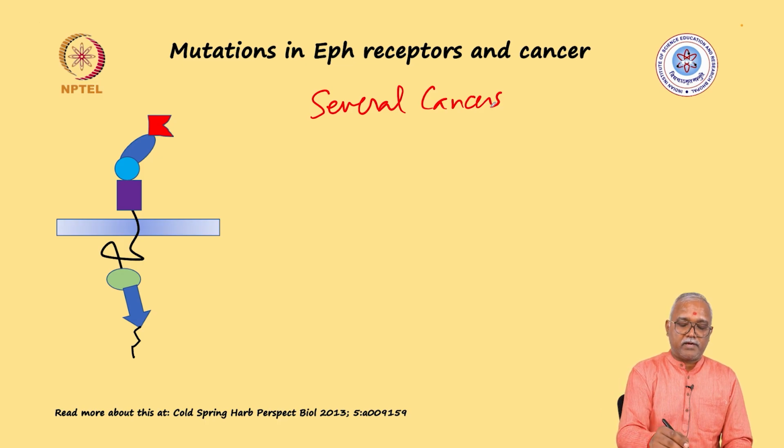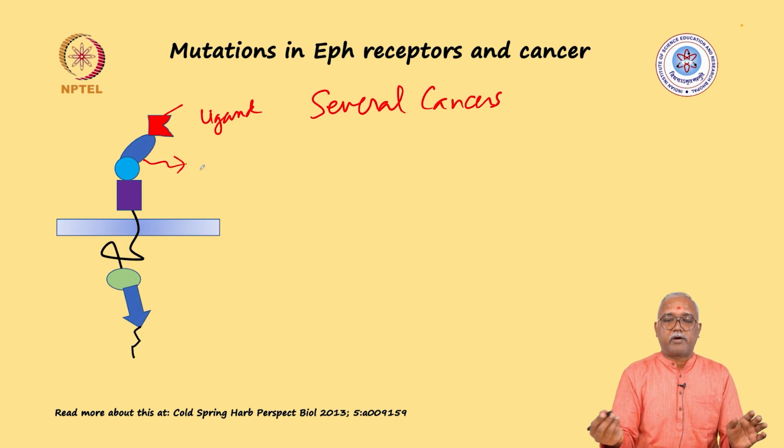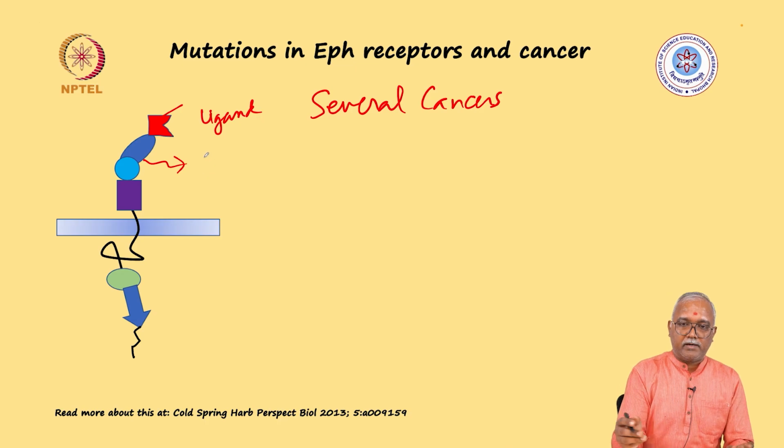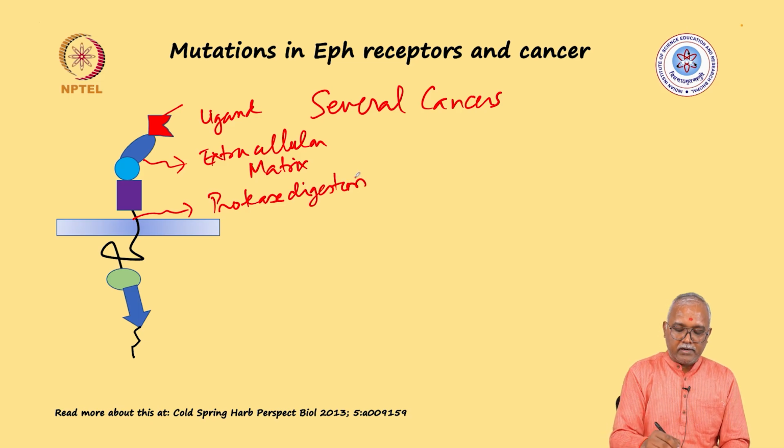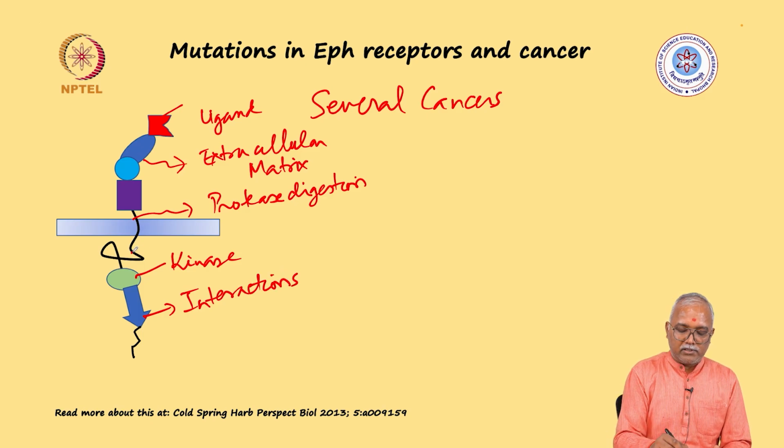There are different aspects: the extracellular domain which allows it to bind to the ligand, the fibronectin type 3 domain which helps it tether to the extracellular matrix, a small region where protease could cut, internally where the kinase domain is, other interactions which are supported, as well as the regions proximal to the membrane, where phosphorylation happens.